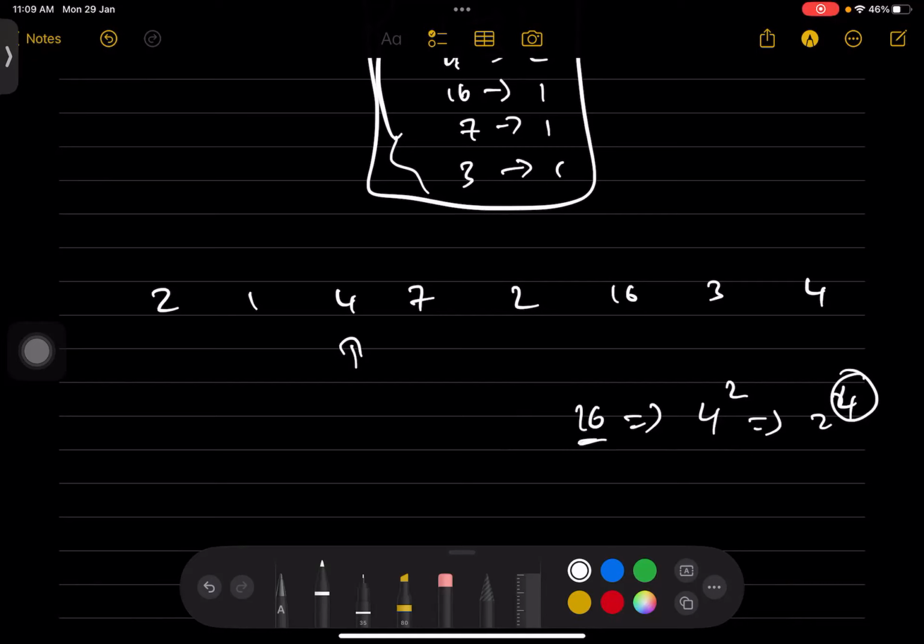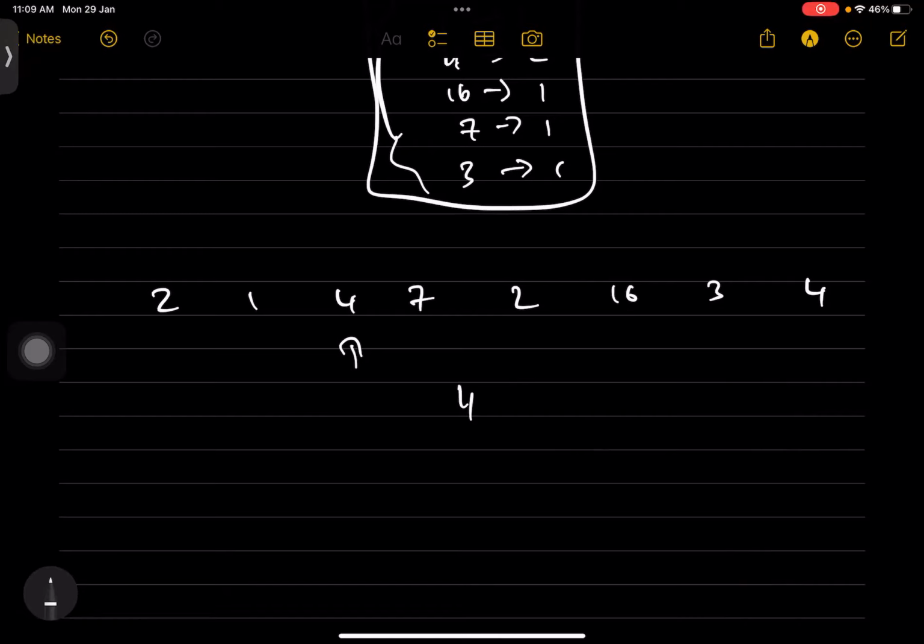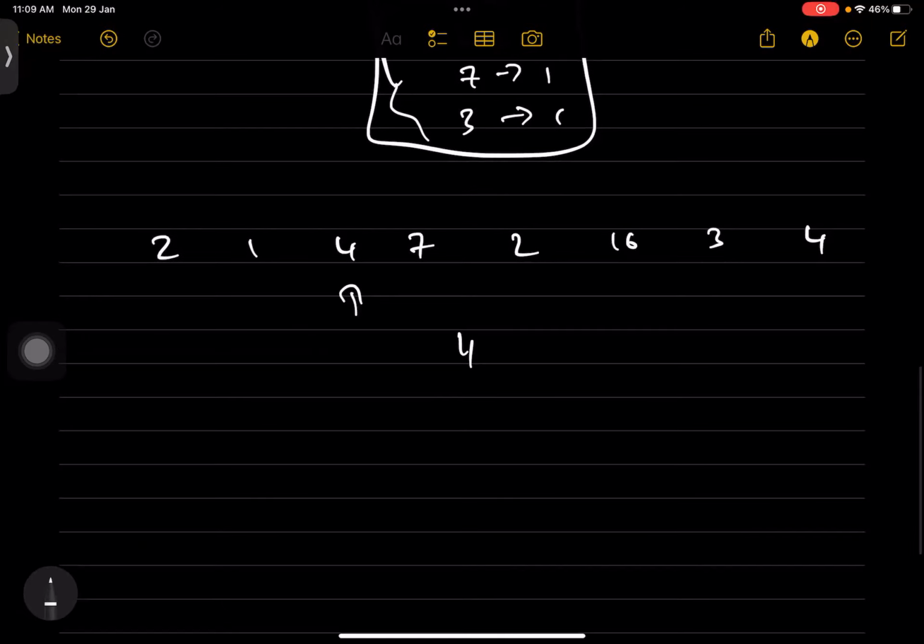So what we do is, in every single iteration, we basically say 4. Okay, we have 4. And what are the possible two numbers that when multiplied will give us 4? Basically square root of 4, right? So 2 and 2 when multiplied will give us 4. So from 4 we came to 2 and 2, and we check whether 2 exists in the hash map.